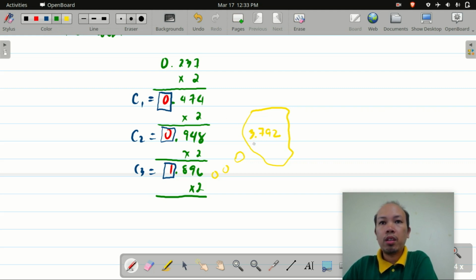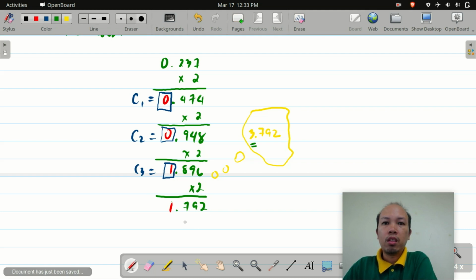Since we are performing this in binary, the digit 3 is equivalent to 1, so this is 1.792.